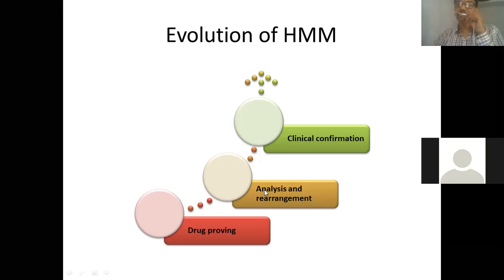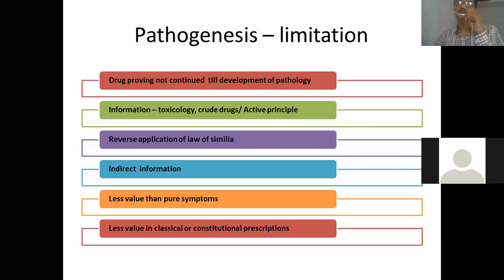So remember that pathogenesis belongs to the analysis process after the drug proving. It is not direct information collected from the prover. It is indirect information collected after the analysis of symptoms.